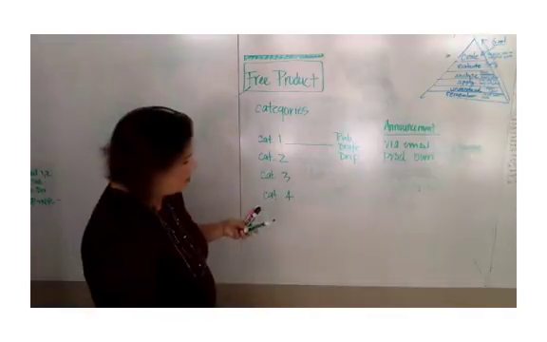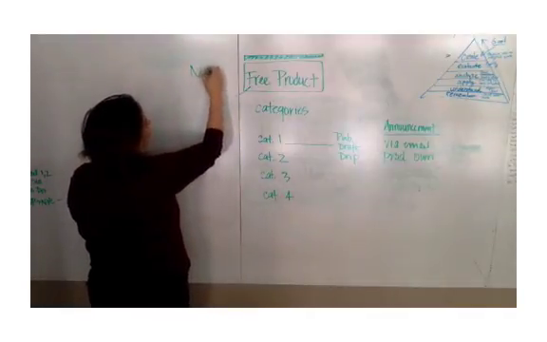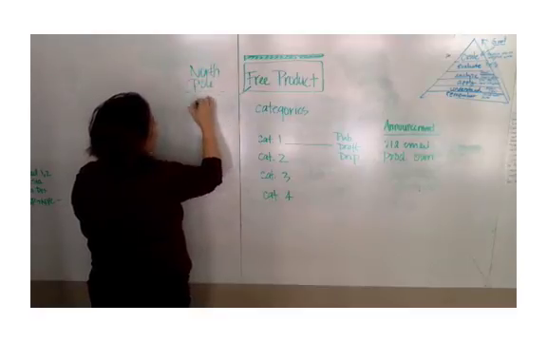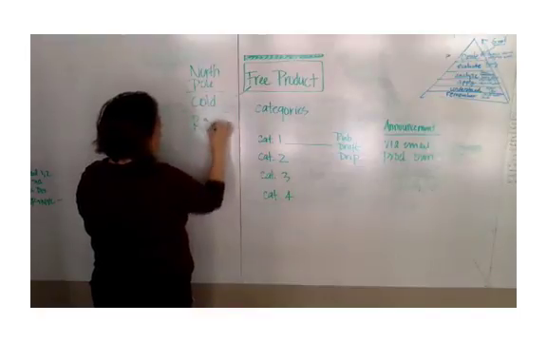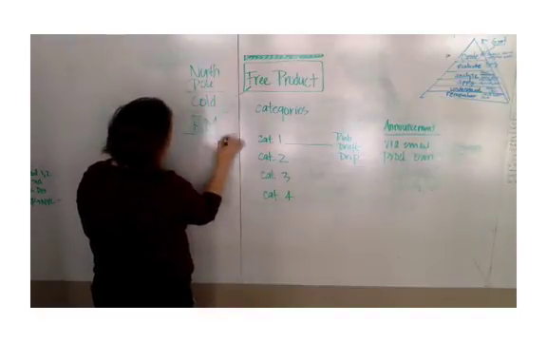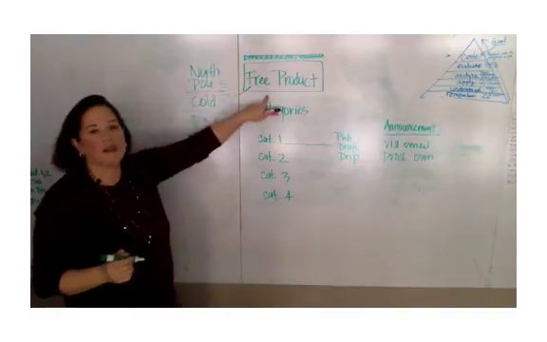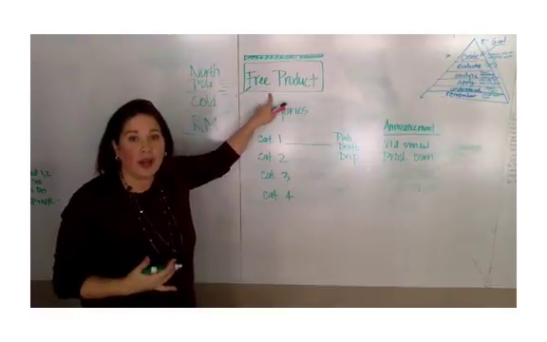There we go. All of your North Pole traffic, okay? North Pole, cold, lead magnet, LM, all of that is focused on moving people into your lead magnet, your free product.